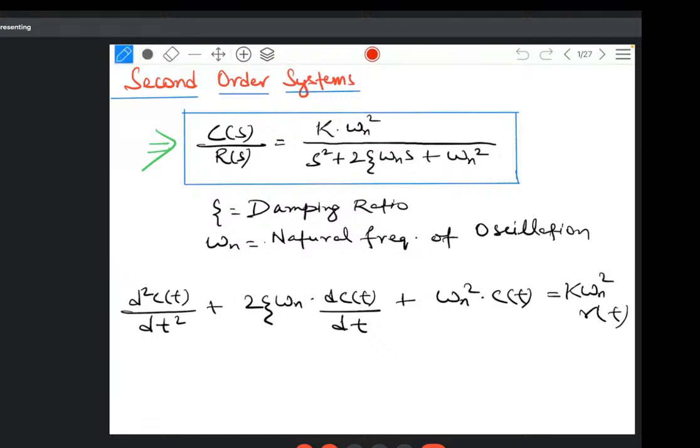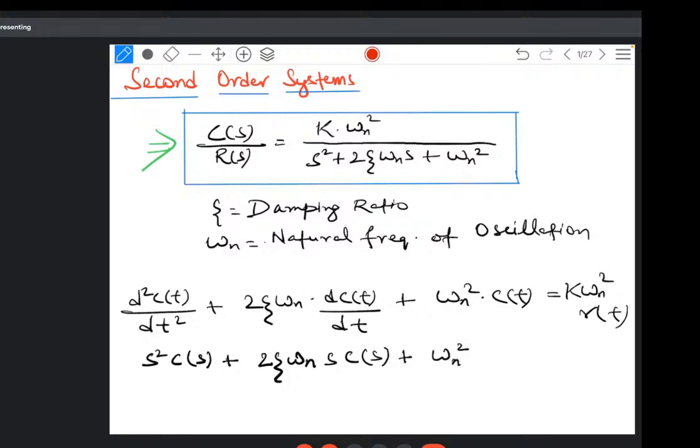So if I take the Laplace transform of this, it will become s square C(s) plus 2 zeta omega n s C(s), okay, because we know that the initial conditions are 0 as I am calculating the transfer function.